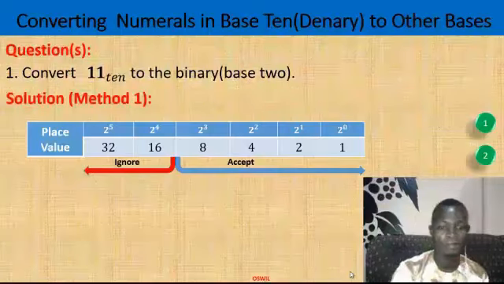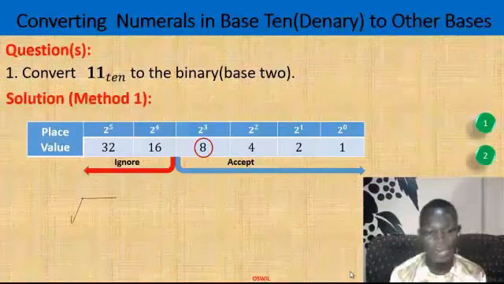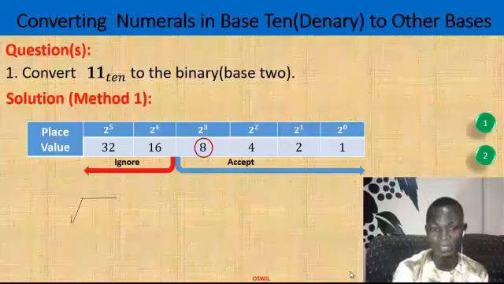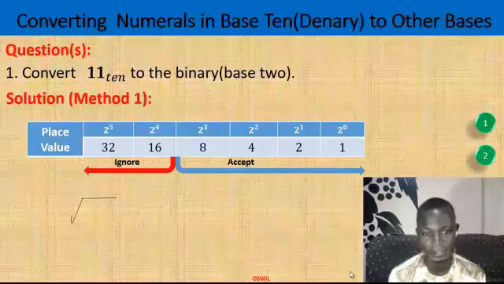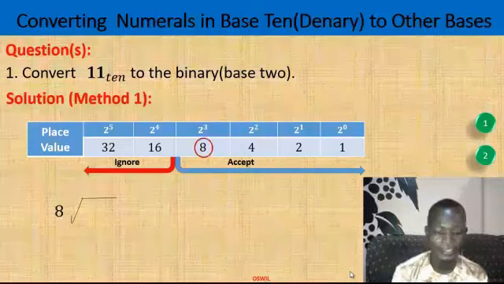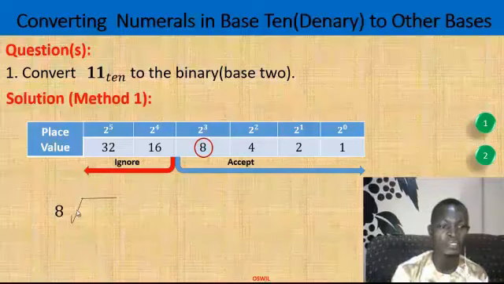The highest place value among the accepted place values is 8. So we write 8 in front of our root sign, or the division sign.